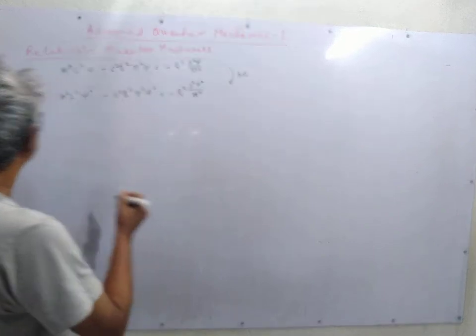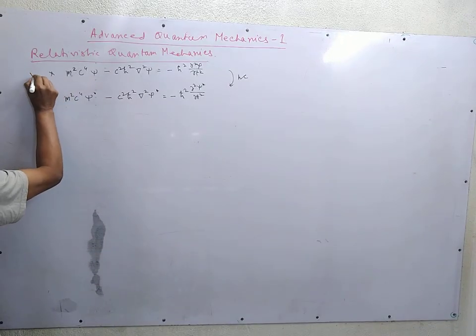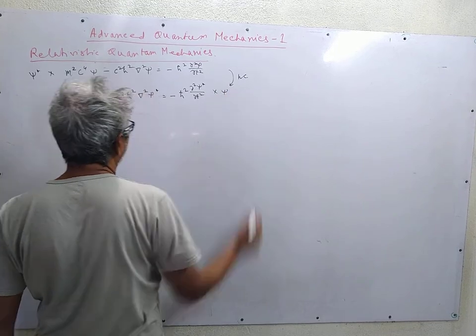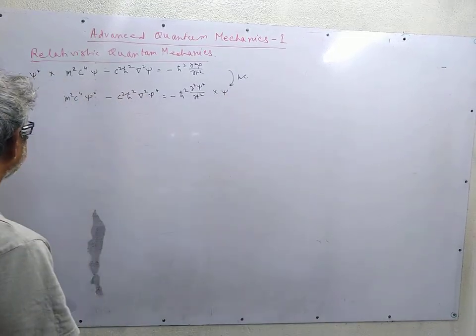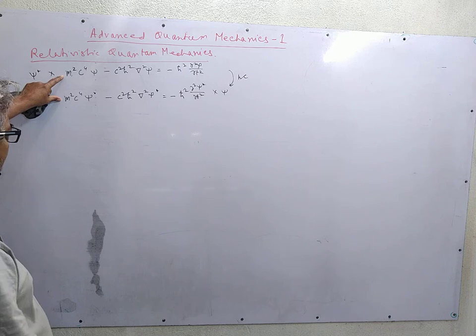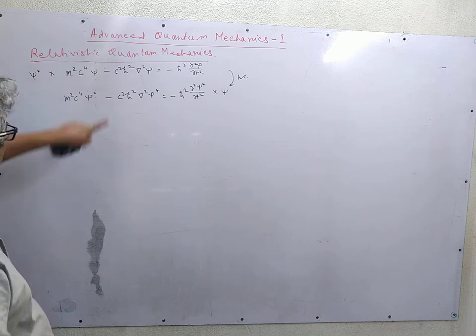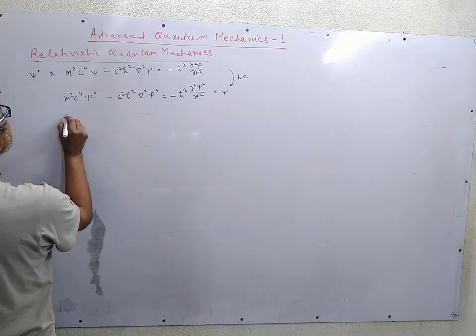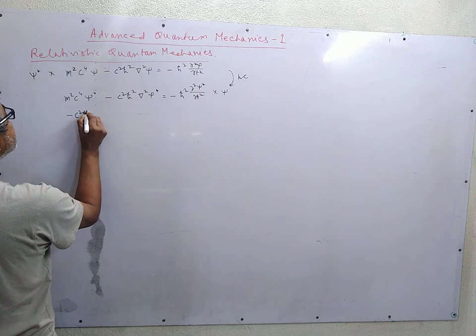We multiply this from the left by psi star and the second equation from the right by psi and subtract the second from the first. These two terms cancel out because it becomes psi star m square c to the power 4 psi for each of these. Coming to this term, this is minus c square h line square.